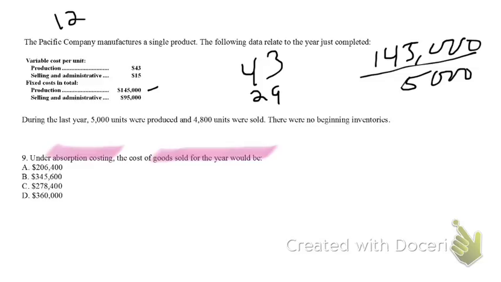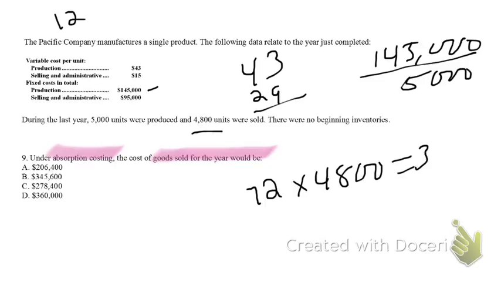So my total cost is $72 per unit under absorption costing. I sold 4,800 units, so it's 72 times 4,800, which is 345,600. And that is answer B.